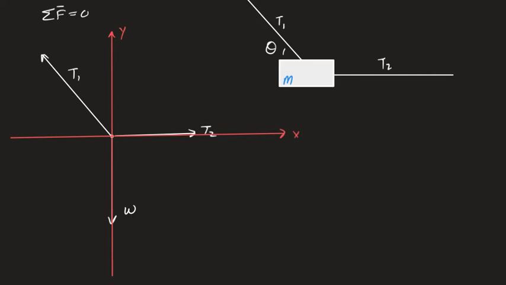A, B, C. A, draw the coordinate system in the direction of motion. B, draw the coordinate system so it lines up with the most vectors possible. C, any off-axis vectors must be converted to components.